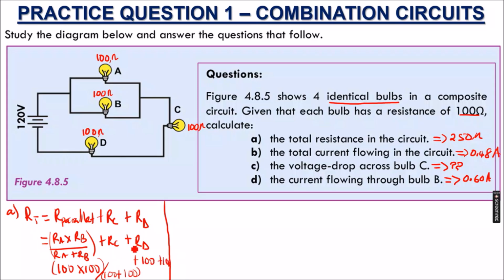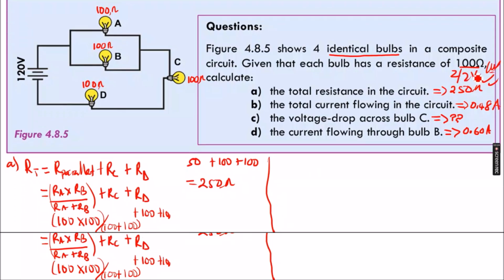If you do this carefully, you are going to find 50 plus 100 plus 100, which gives us 250 ohms, of which I applaud you. You got it right. I'll give you your 2 out of 2.